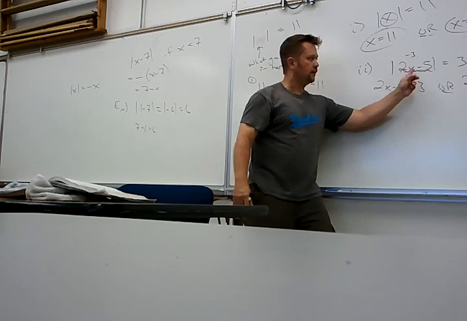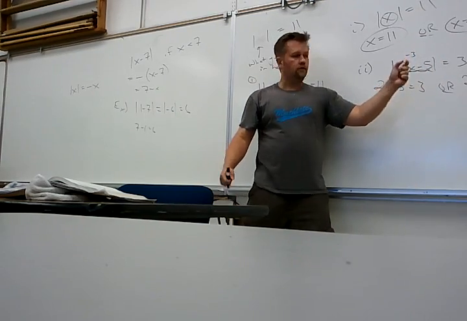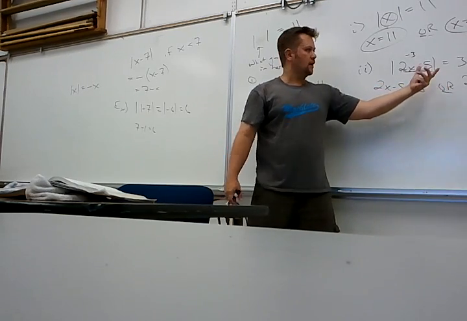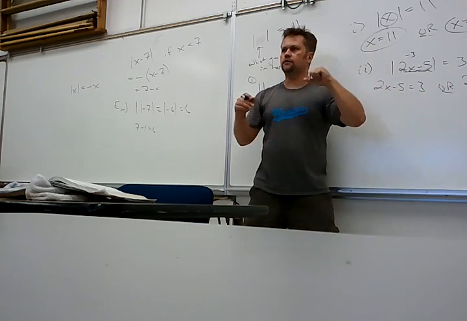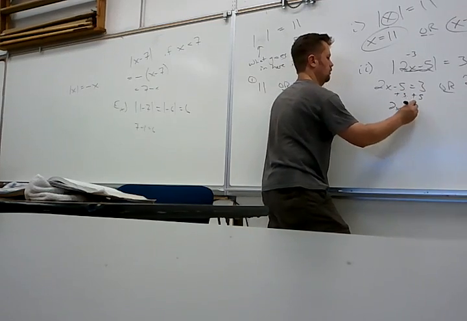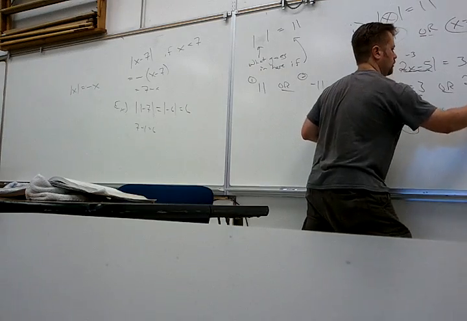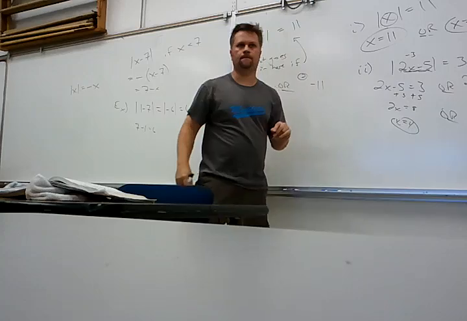If it was replaced with 3, this would be true, right? So then you just solve these two dinky little equations. Taking something that looks ugly with absolute values and making it two little equations. That's pretty nice. So I would get x is 4, or x is 1. I like it. Cool.